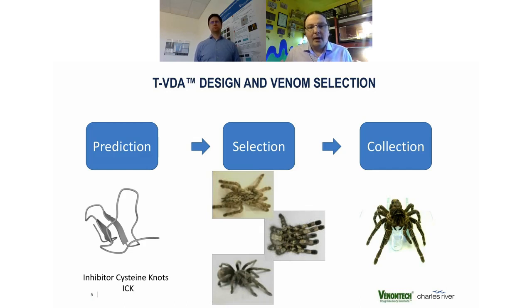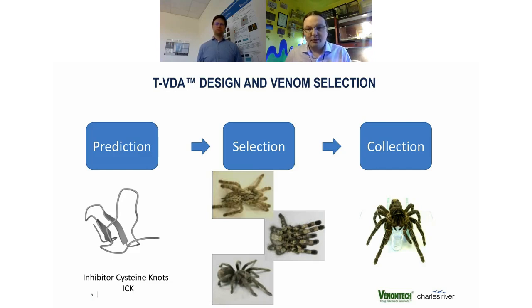Our selection process works on the fact of having a large collection of theraphosids, or what people classically call tarantulas, available to us, and actually picking the right ones for the right targets. And in this case, you've got 3 grey spiders, but they're very different. One's African, one's Asian. The top 2 are arboreals, tree dwelling, and the bottom one is an American ground dwelling spider.